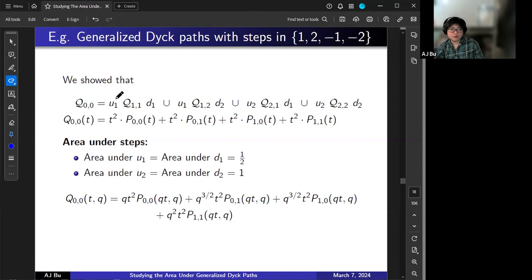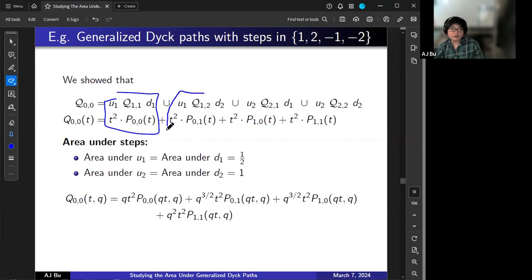Okay, so that's going to give us this equation. For example, looking at this first part, the U1 and D1 is going to give us a total area of 1. So it's going to give us QT squared because it's 2 steps. And then since we shifted down a unit, we have to do P00 of QTQ.